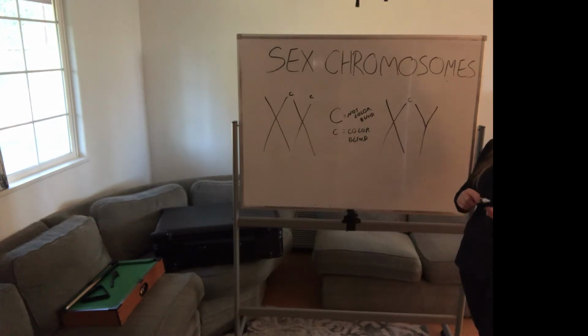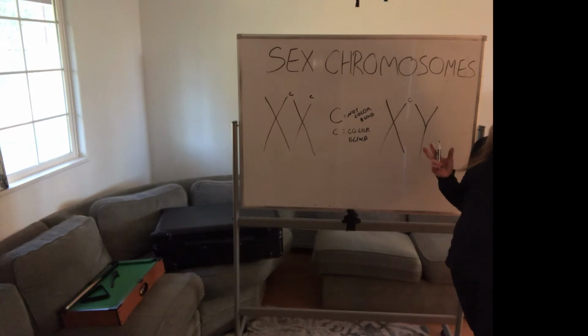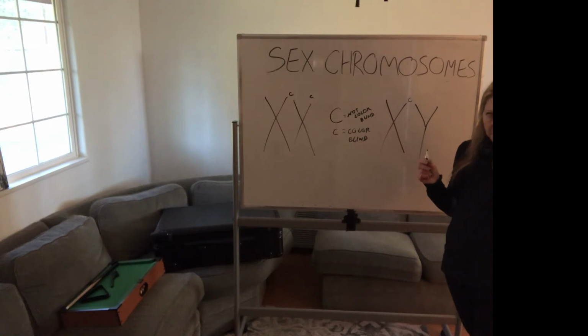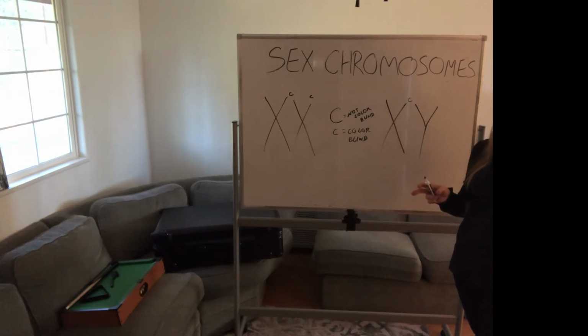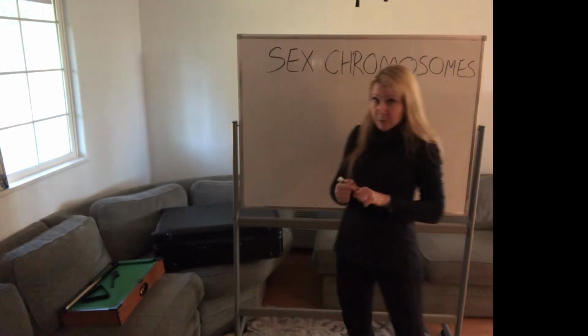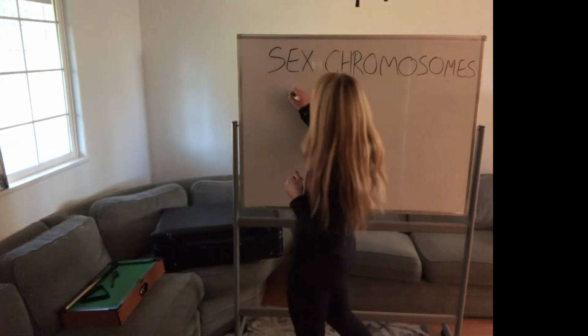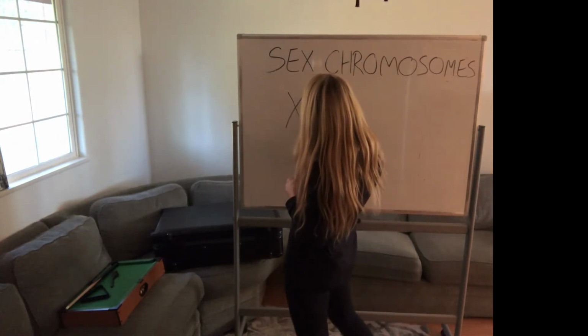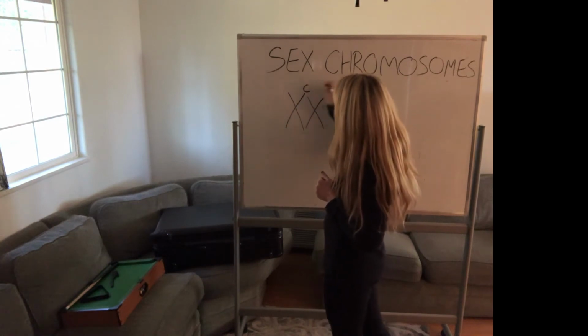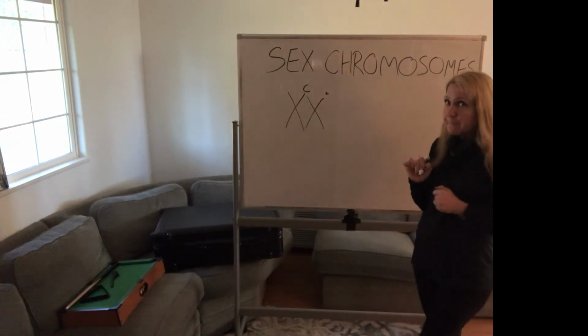So what if we were to cross, let's say we have a female is not colorblind, but she's heterozygote. And the male, let's say, is colorblind. Let's see what percent their offspring is going to look like. The female, we're going to say, remember, XX. We're going to say the female's heterozygote.